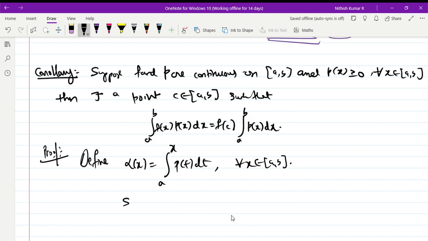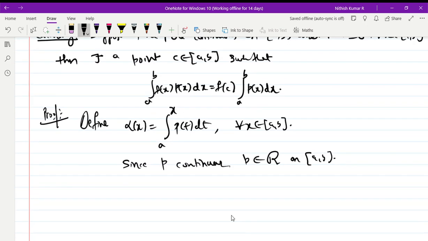Since p is continuous, given that p is continuous, p belongs to R on [a, b]. Therefore, alpha is well defined. Since p is Riemann integrable, this alpha is well defined.